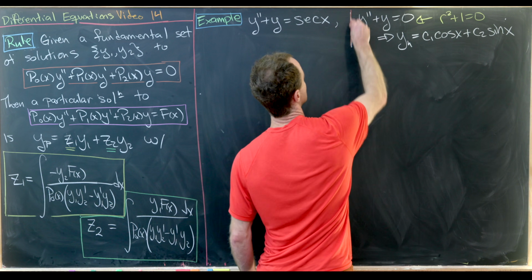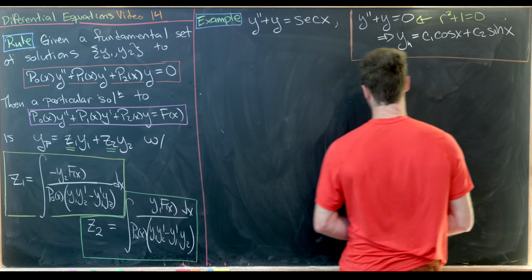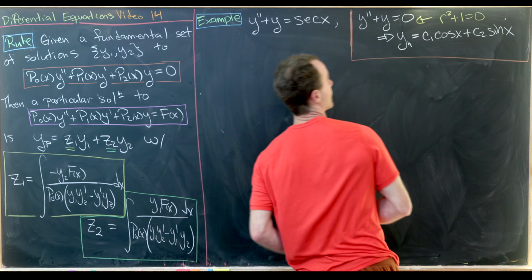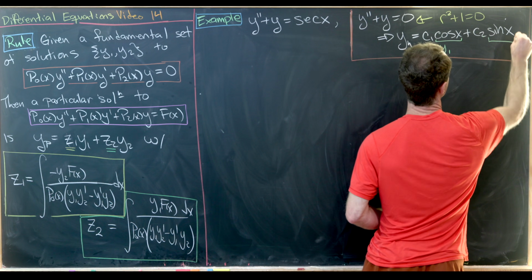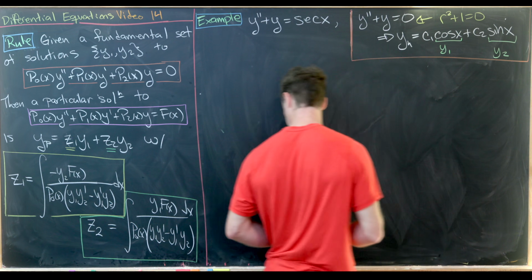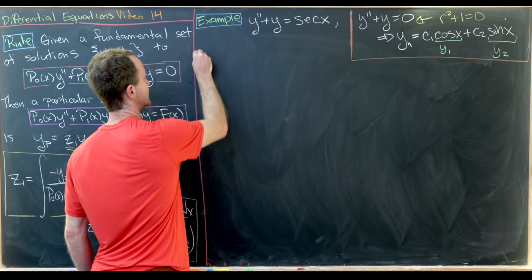We saw this earlier. Okay, so let's brown box that so we have it. And while we're at it, let's call cosine y1 and we'll call sine y2. Okay, another thing that I'll do is I'll calculate the Wronskian.